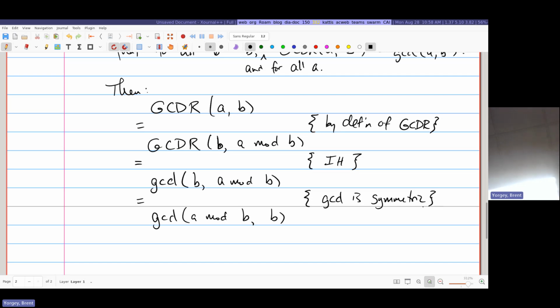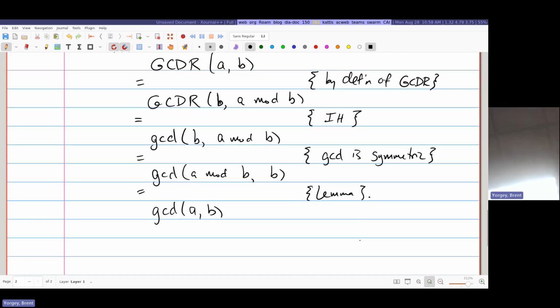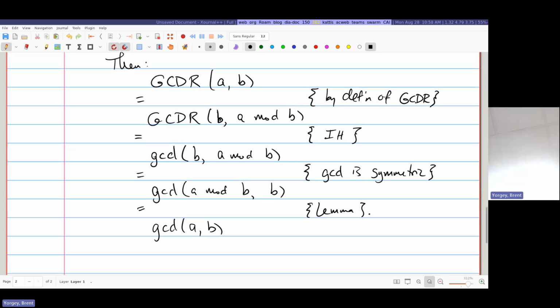But now we had that lemma that said this is actually equal to GCD of A, B. This is our lemma. And that's it. That's what we wanted to show, that this algorithm computed the GCD.